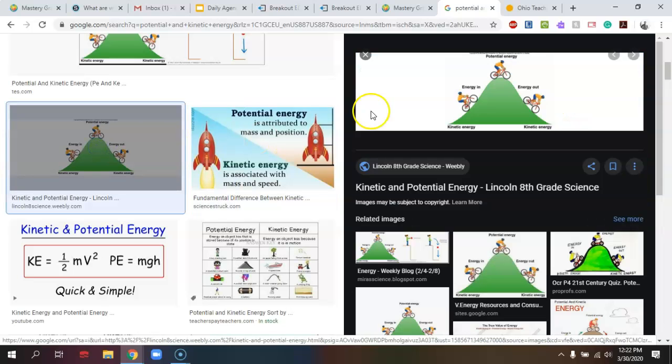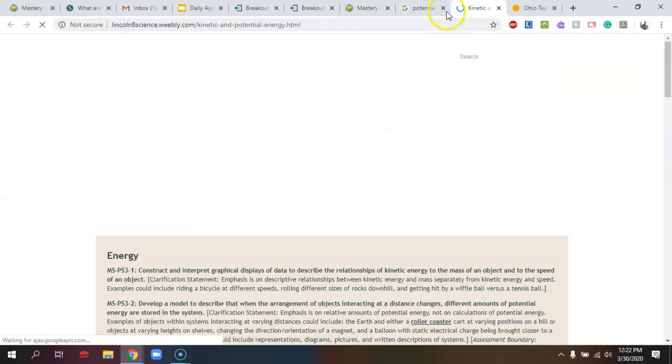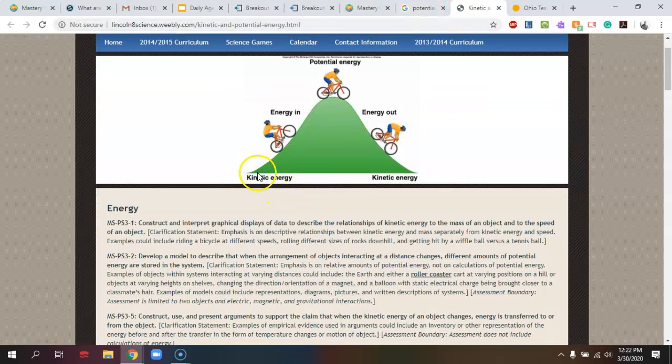If we look at our biking example specifically, they go together. As I go up this hill as the biker, I'm putting in energy. I have kinetic energy at the top of this hill, but I might not be moving here, so my kinetic energy has changed into potential.